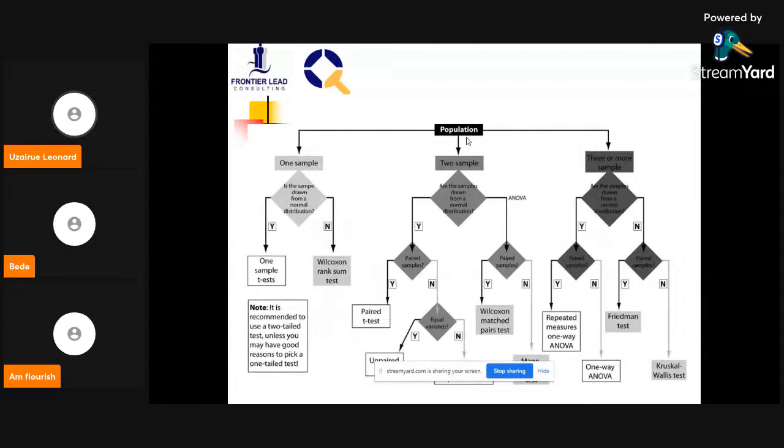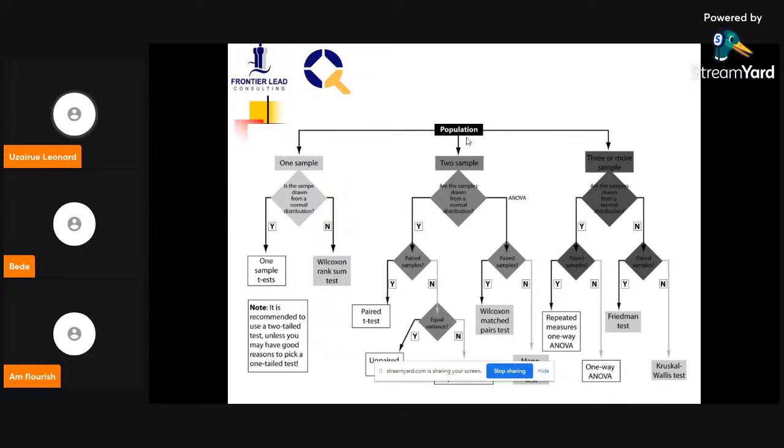Now, if you have three groups or more, let's say you are trying to look at the cholesterol level of the males in the six geopolitical zones. Now we have six groups here: the northeast, the south-south, the southeast, the southwest, the north-central, and the northwest. All of them are still cholesterol, but you are comparing six different cholesterol levels of six different groups.